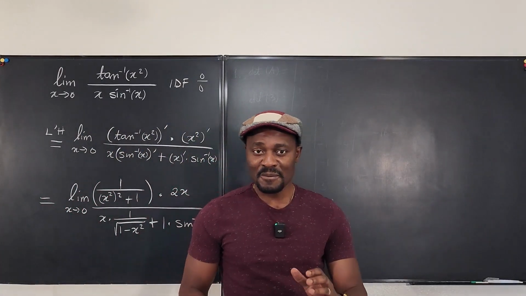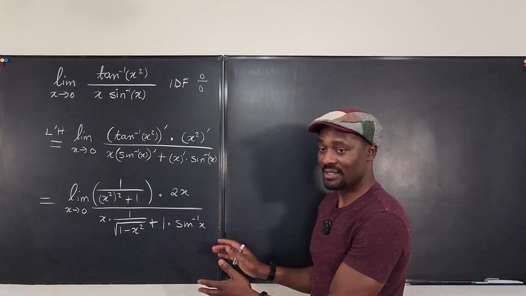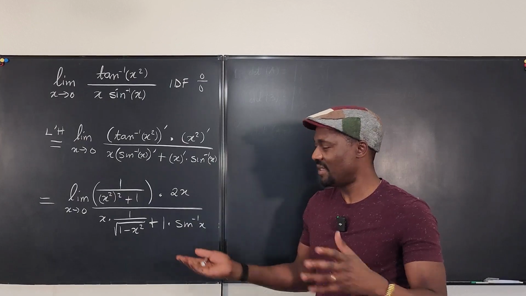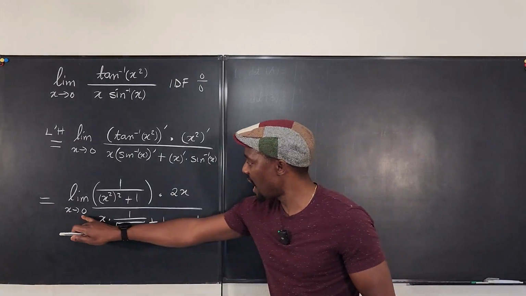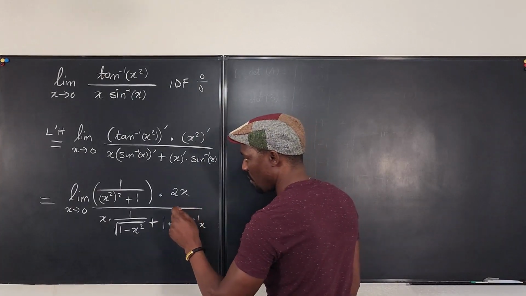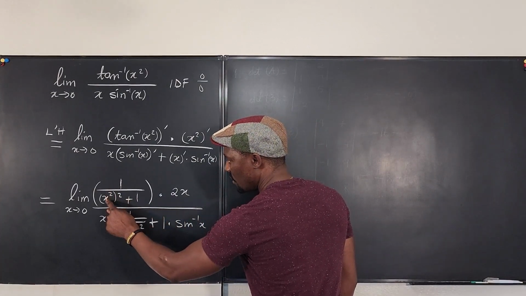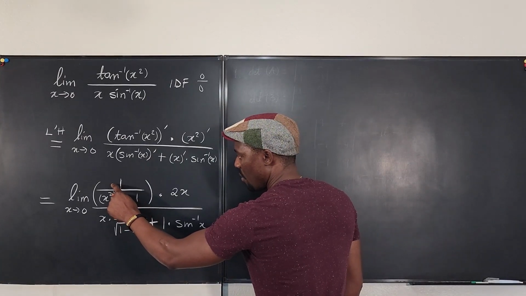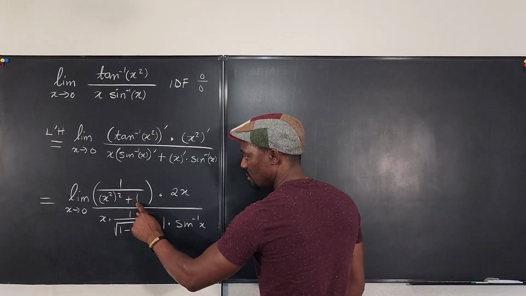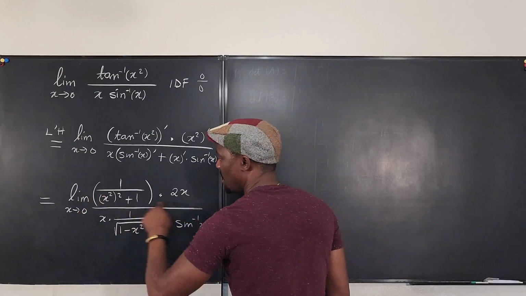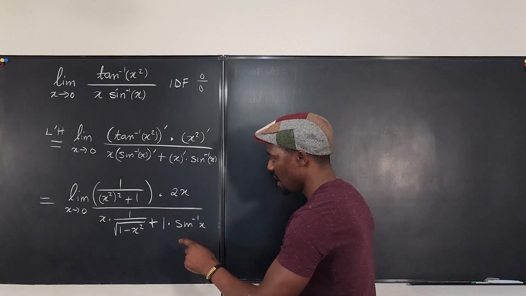So this is what we have. Now, as soon as you do this, before you even start cleaning up, you want to see if you can get the answer straight by plugging in x equals 0. If I plug in x equals 0, I'm going to get 1 over 0 plus 1, which gives me 1 over 1, times 0. So the top is going to end up becoming 0.